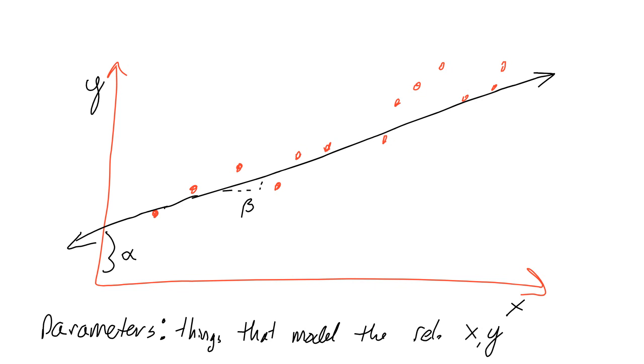Very simple to construct. If I start at x equals 0, what's the closest value of y that I've observed, not on the line? Well, this observation here has this value of x, let's call it x1, and this value of y, let's call it y1.